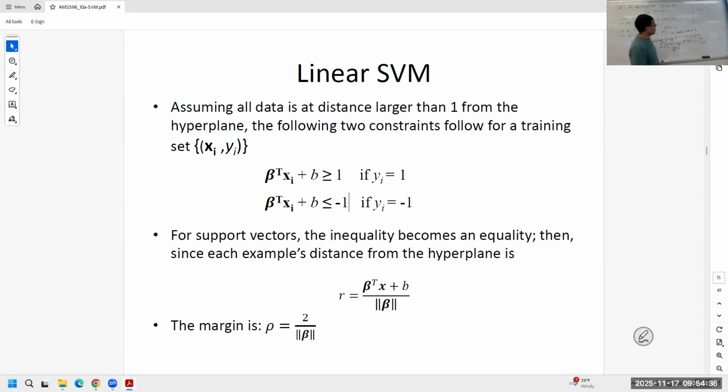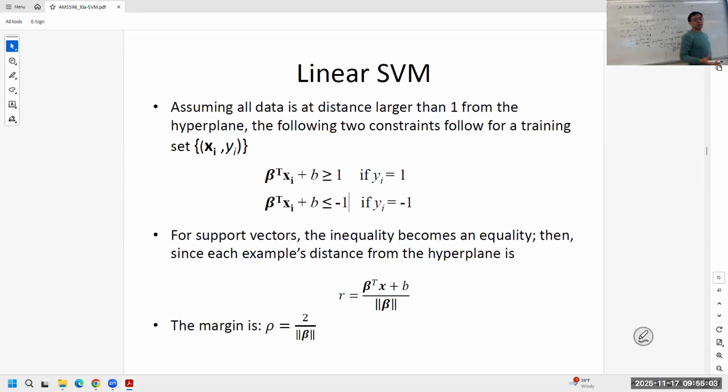Now here is the question. I assume I have two groups, and I draw a line in between. This is beta transpose x plus b equals 0. I assume the closest point to this has a distance of 1. Can I do that?